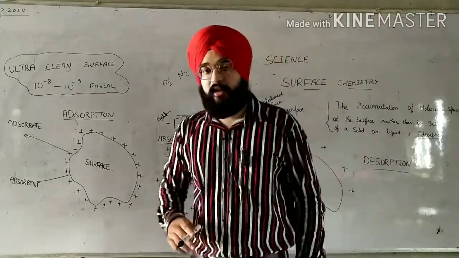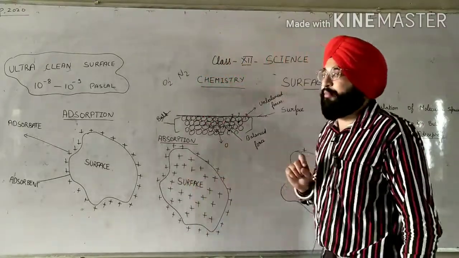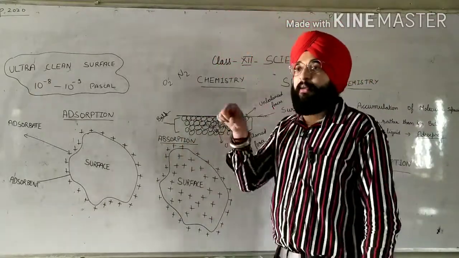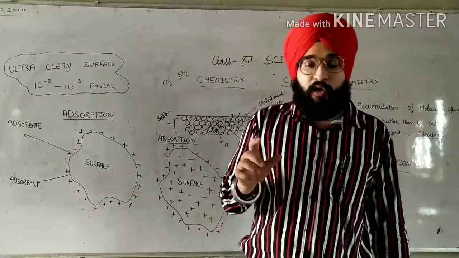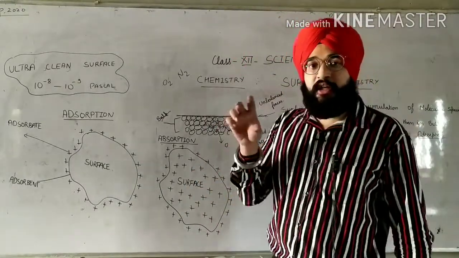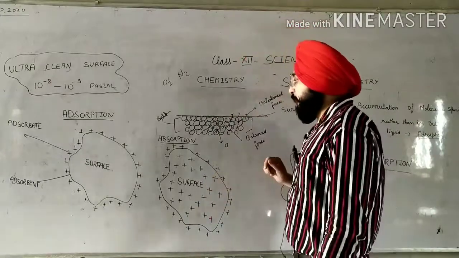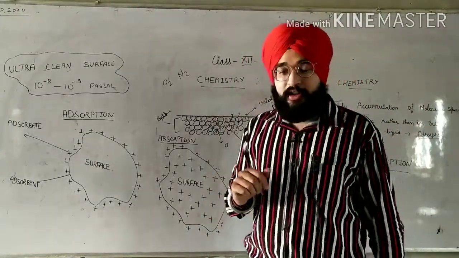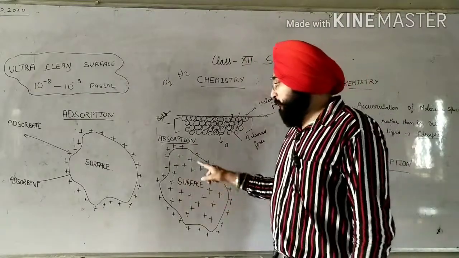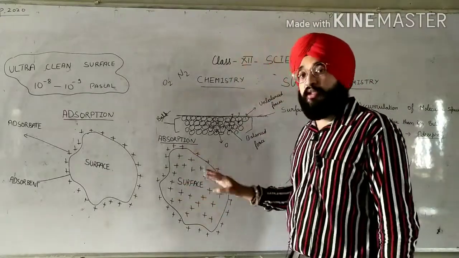An example of absorption is if we take a piece of cotton and dip it into water, the water will interact fully inside the cotton. This is known as absorption, in which the particle interacts with the surface plus inside the bulk.